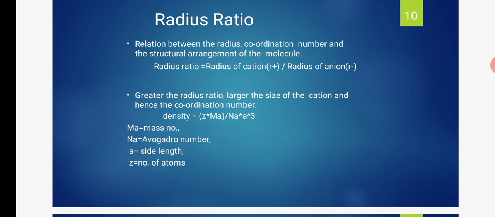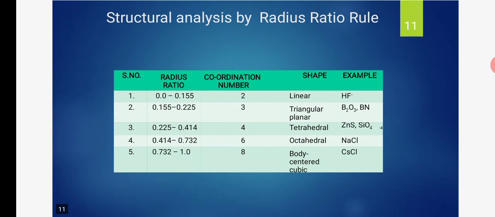Number of atoms is the contribution. For example, simple cube, how many atoms? 1. For body centered cube, how many atoms? 2. And for face centered cube, how many total atoms? 4. Like this.